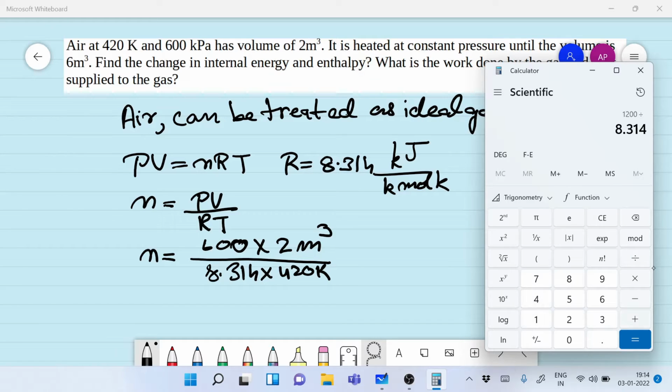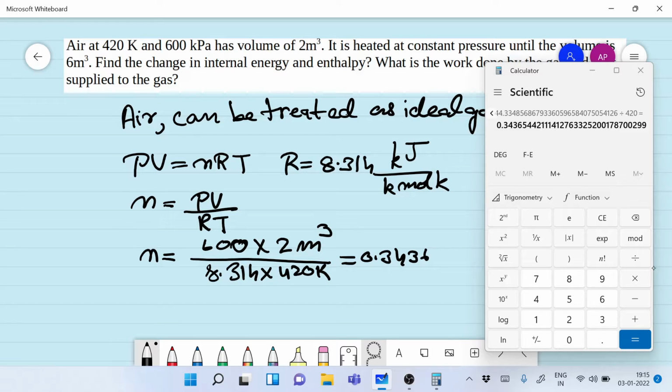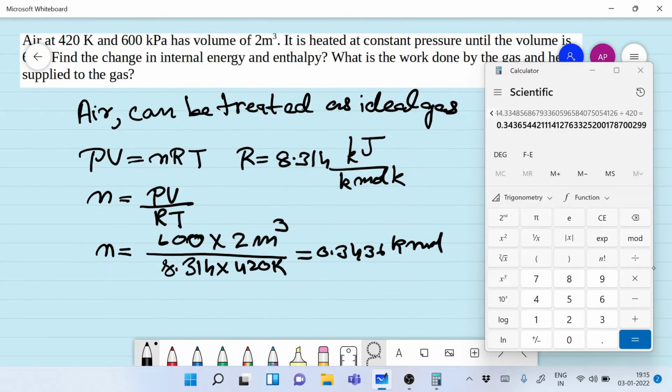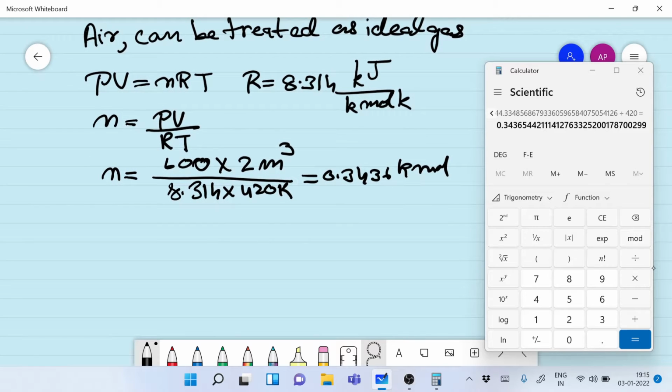That's 0.3436 kilomole. So that's 0.3436 kilomoles of gas.